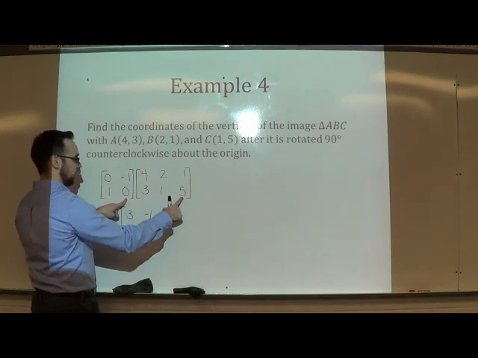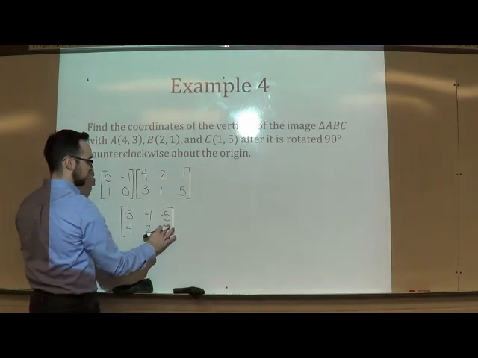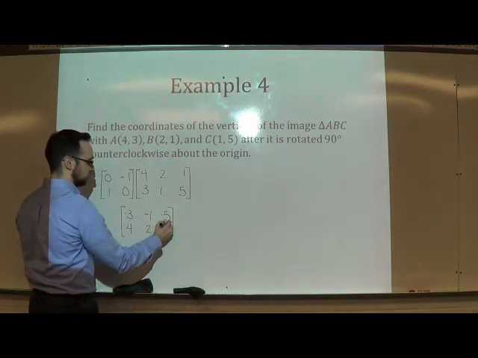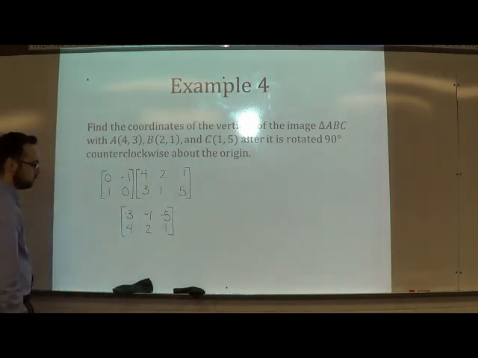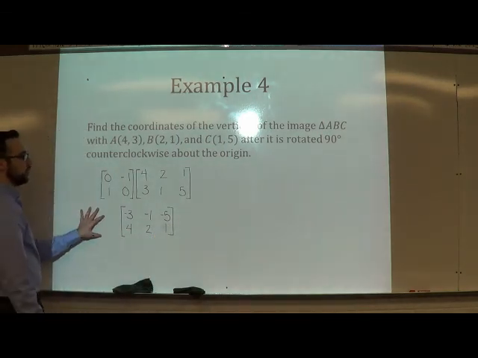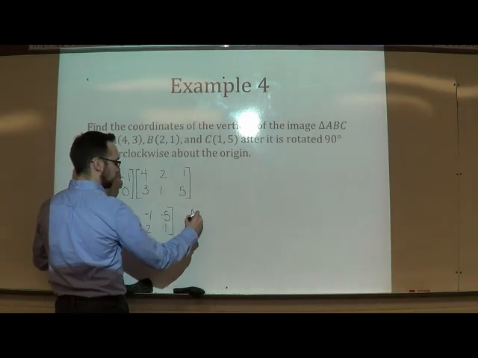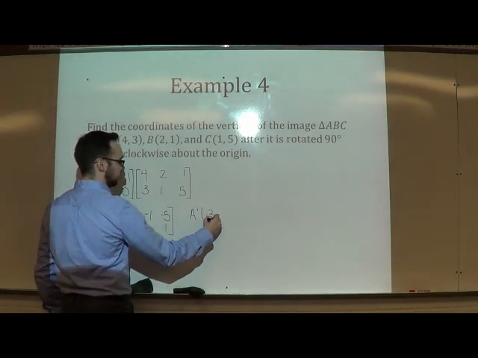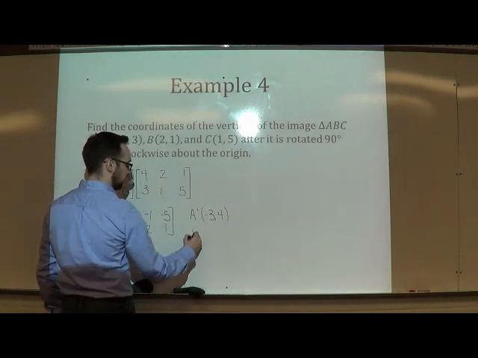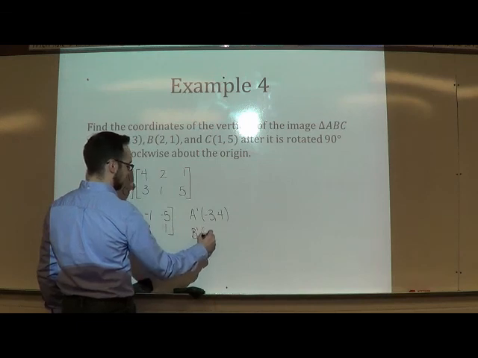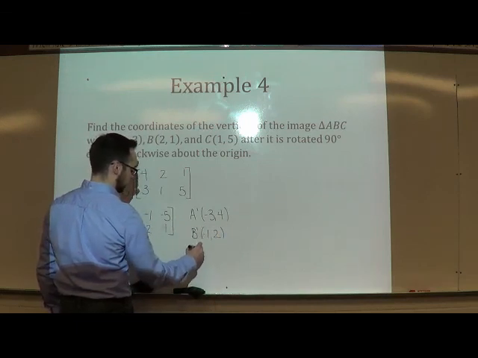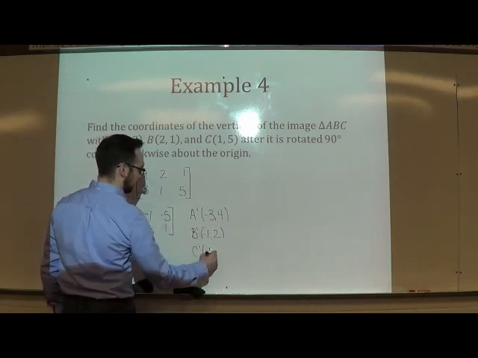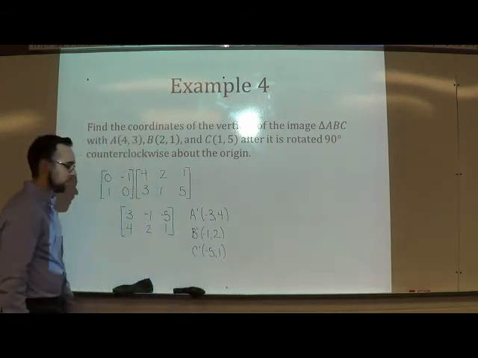And 1 and 0 is 1. So those are our 3 new coordinates. A prime is negative 3, 4. B prime is negative 1, 2. And C prime is negative 5, 1.